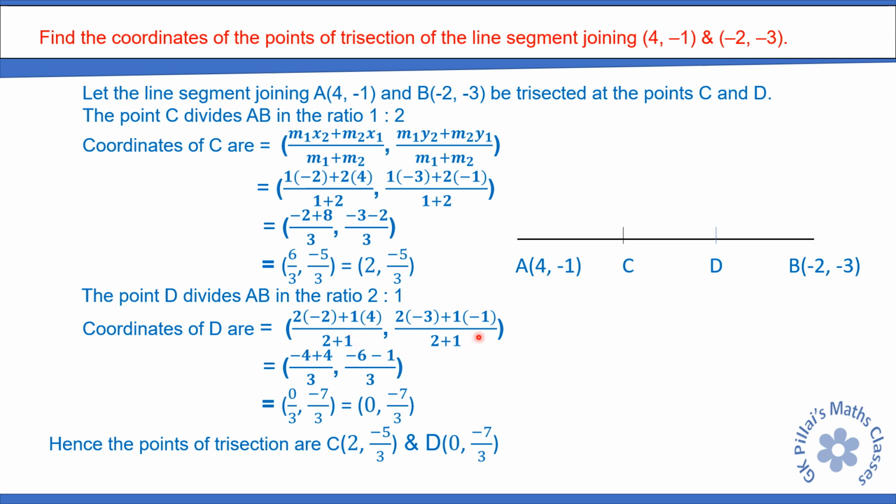And the next one will be 2 into minus 3 plus 1 into minus 1 upon 2 plus 1. Simplify this, you will get 0, minus 7 by 3. Now C (2, minus 5 by 3) and D (0, minus 7 by 3) are the two points of trisection of this line segment.